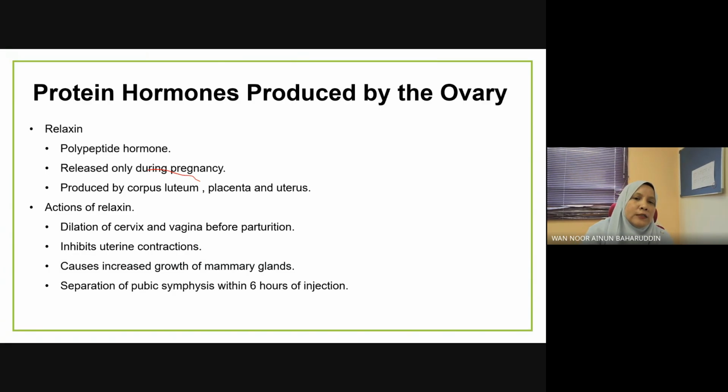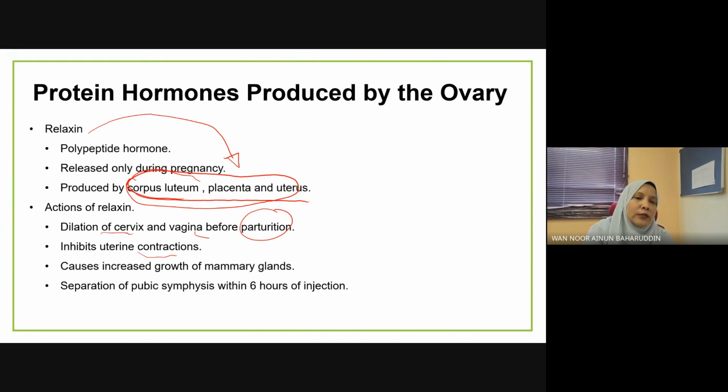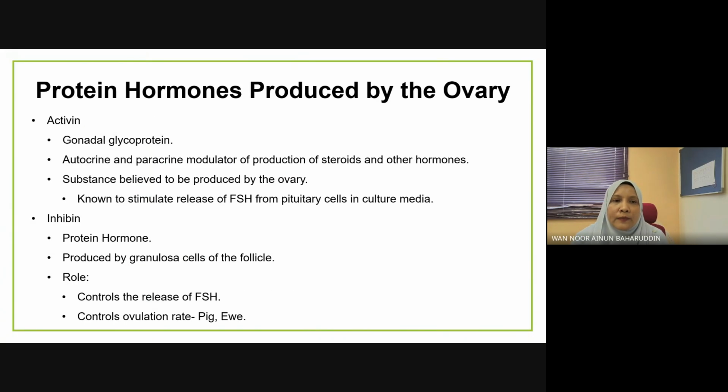These three components are secreting relaxin. For what? To dilate the cervix and vagina before parturition, inhibit uterine contraction, cause increased growth of mammary glands, as well as for separation of the pubic symphysis within 6 hours of injection.